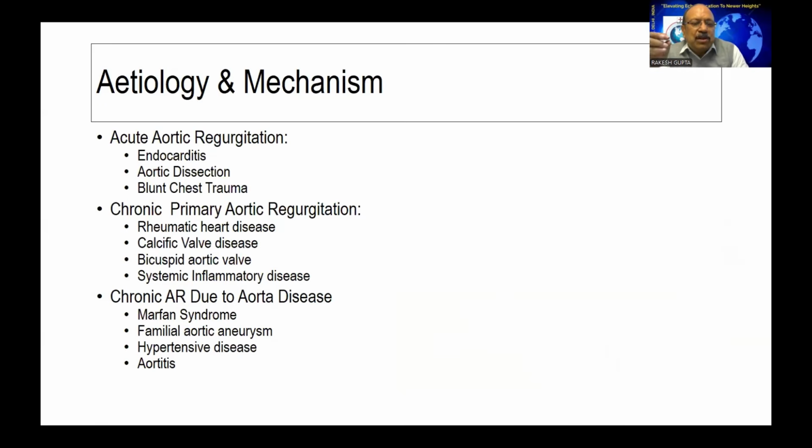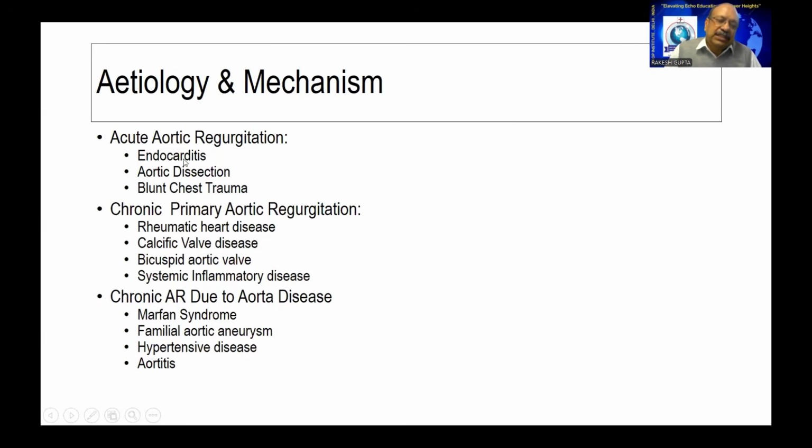We talk of acute versus chronic, primary, and due to aortic disease. In acute, we have endocarditis, dissection, blunt chest trauma. Infective endocarditis is quite a common thing.